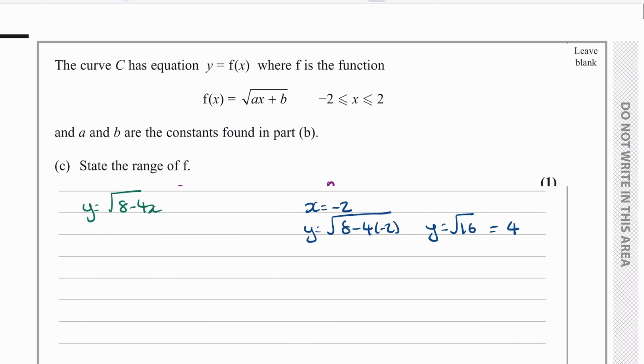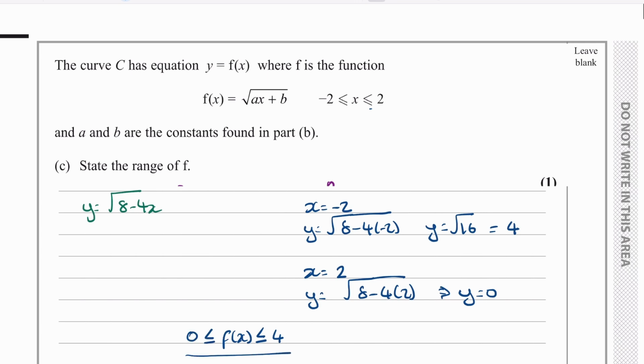So y will equal 4. And if we substitute in x equals +2, we'll get y is the square root of 8 minus 4 lots of 2, which is y equals 0. So the range of f of x will be less than or equal to 4. It's equal to because it can be equal to 2, and greater than or equal to 0. Okay?